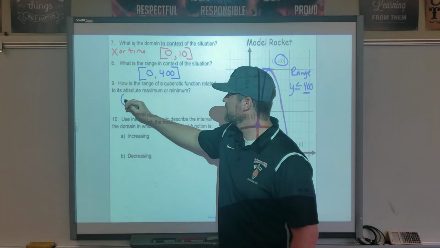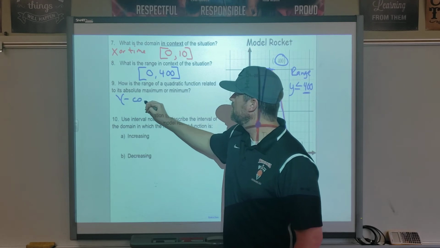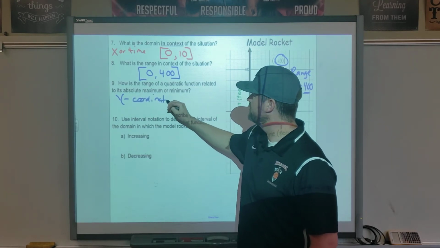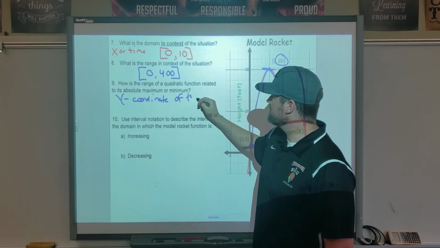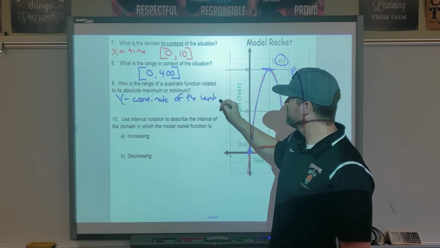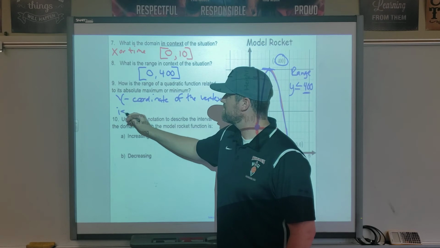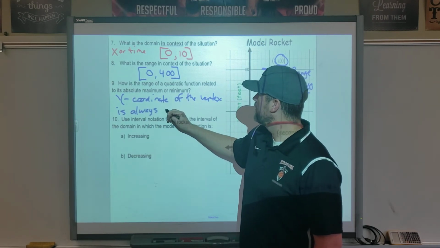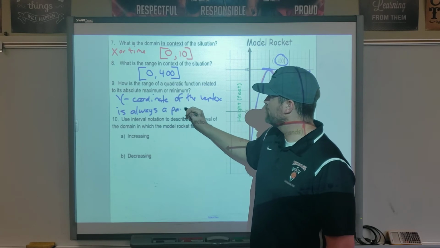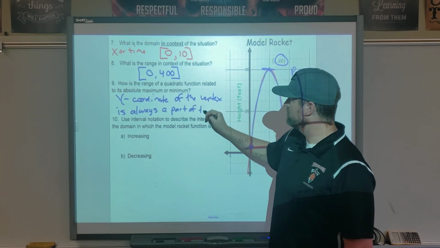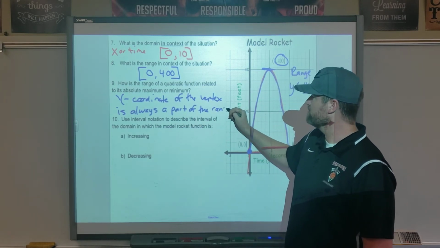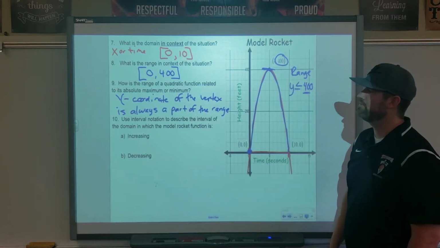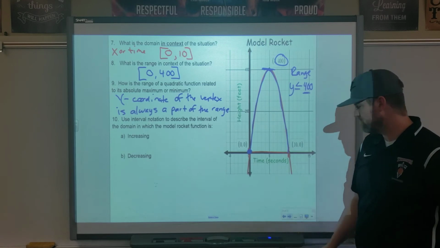So the y-coordinate of the vertex is always a part of the range. And not just any part of the range, but it's the actual maximum or minimum of the range. So it'll always be one of the numbers that we plug in.